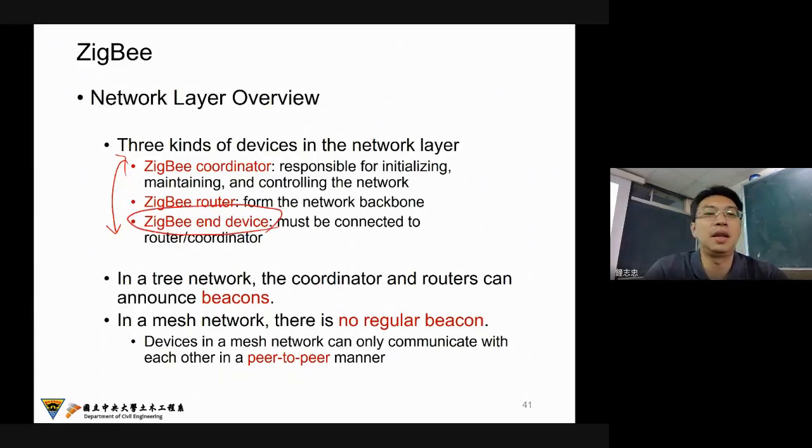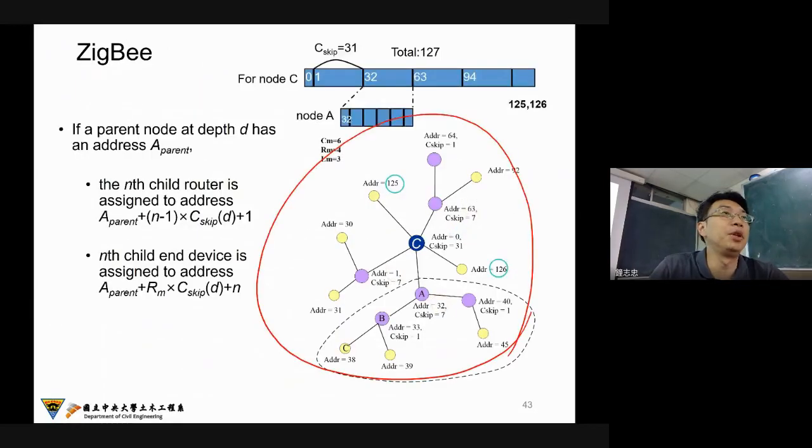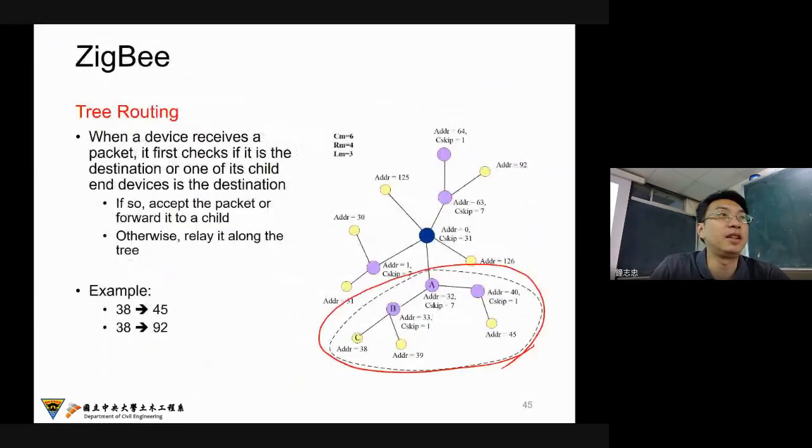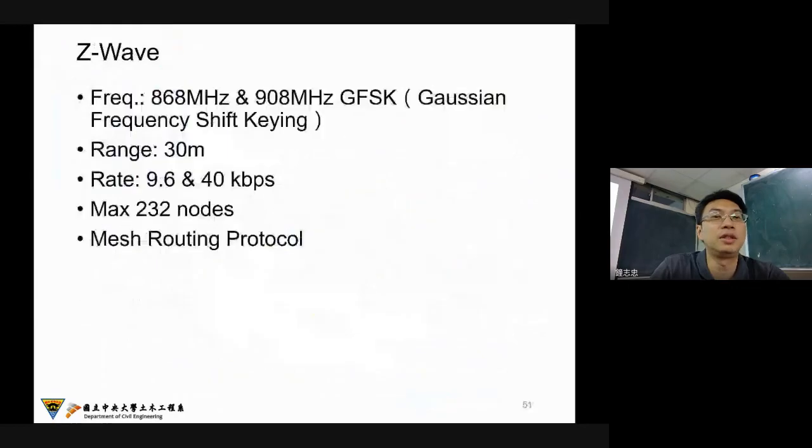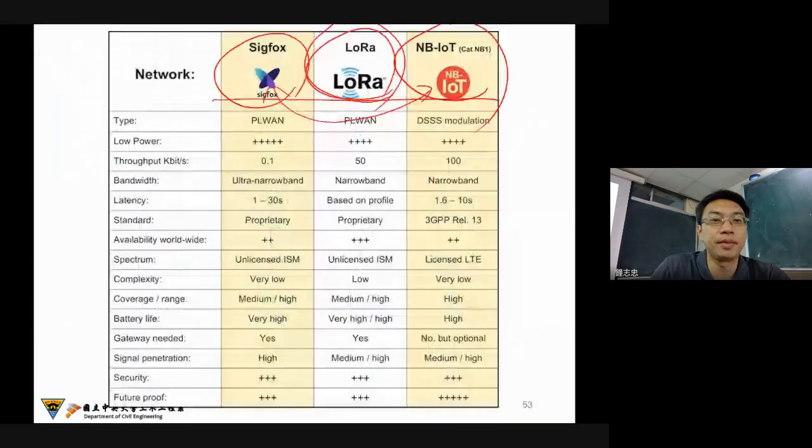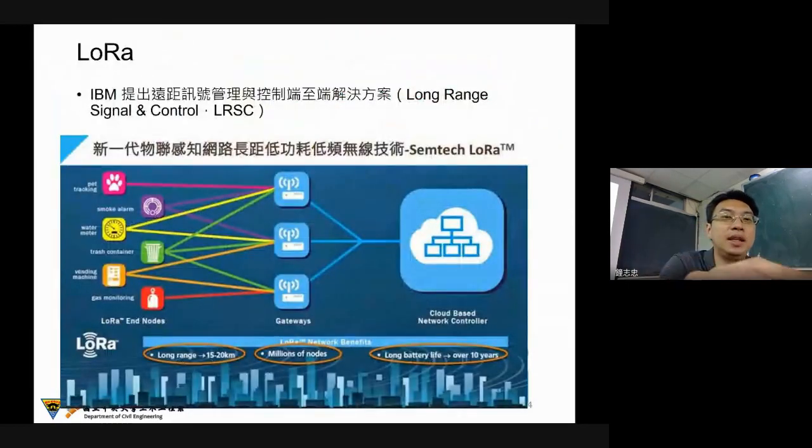Everyone is an end device with a LoRa chip, and we need a coordinator for LoRa, what we call the gateway. So you can build your own private network with LoRa. It was developed by IBM first, and the full name is long range signal and control.